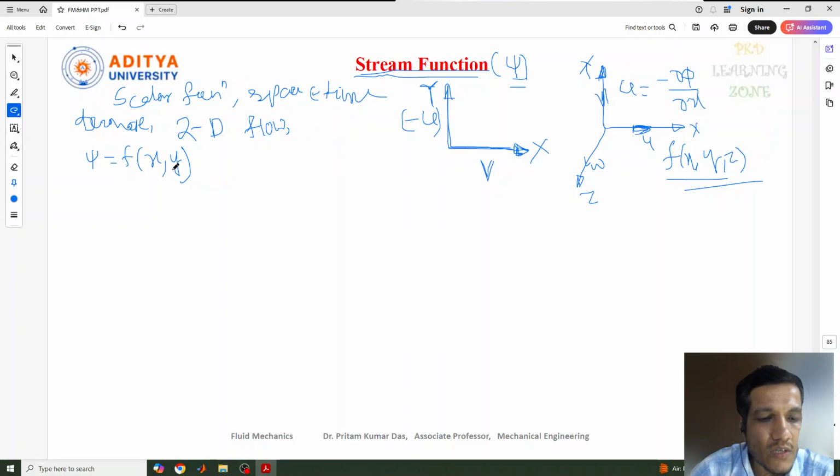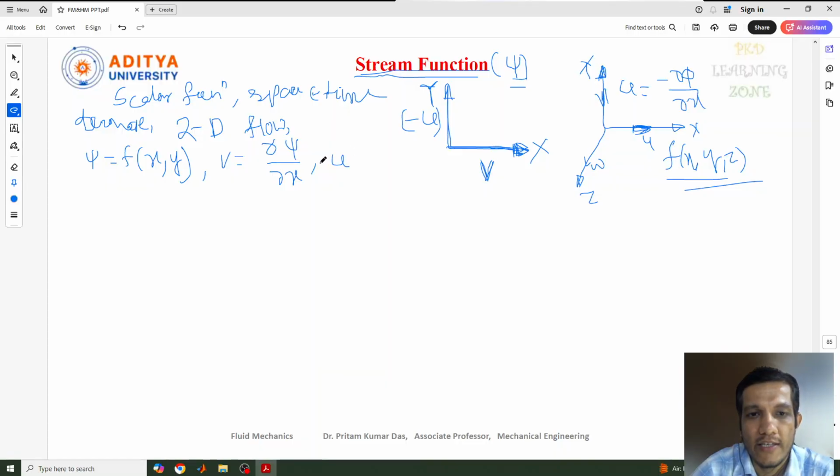Now for the velocity v, what can I write? Delta psi by delta x. See this one, which direction do we need to consider? The x direction. That's why I have taken the velocity v here. Now similarly, if I write u, then what will be there?